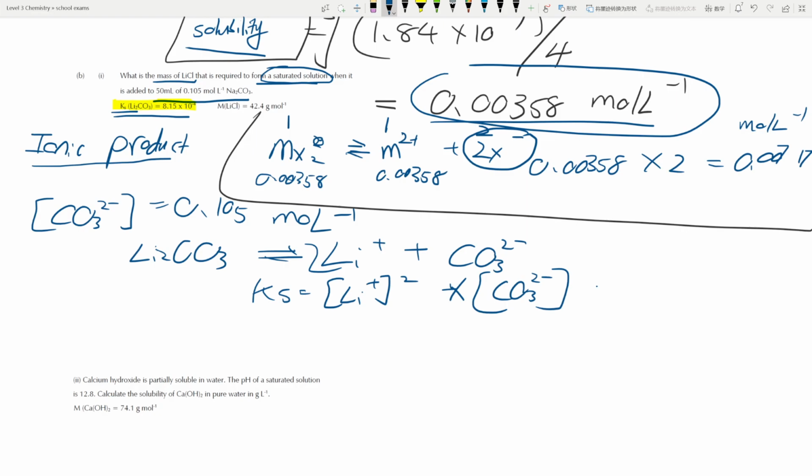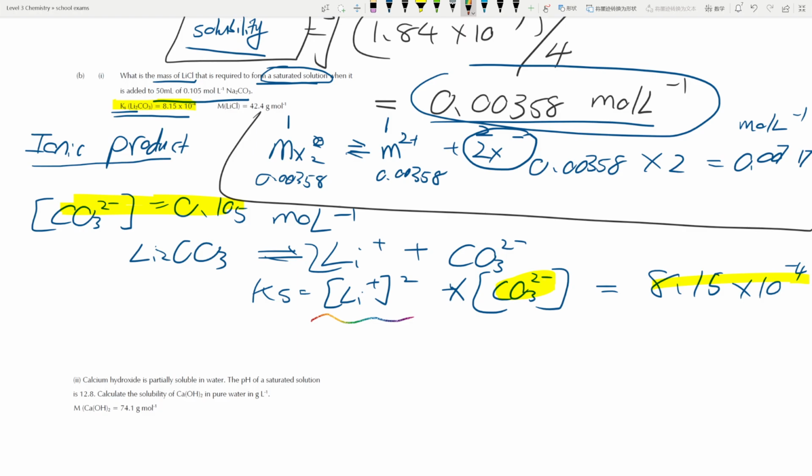So what does that number equal to? That number equals 8.15 times 10 to the power of −4. Can you see what we're doing here? We know the concentration of CO3 2−. We can figure out the concentration of our lithium ion.